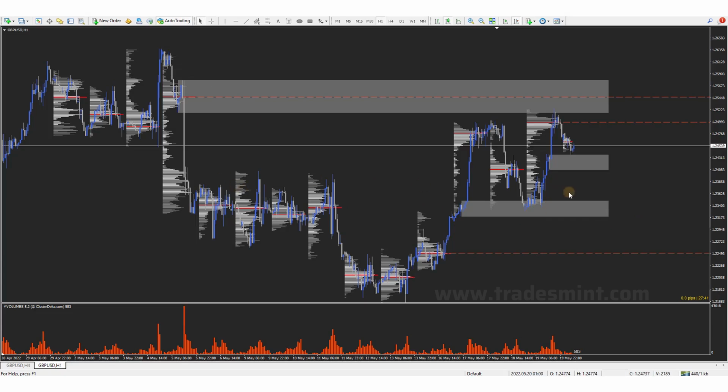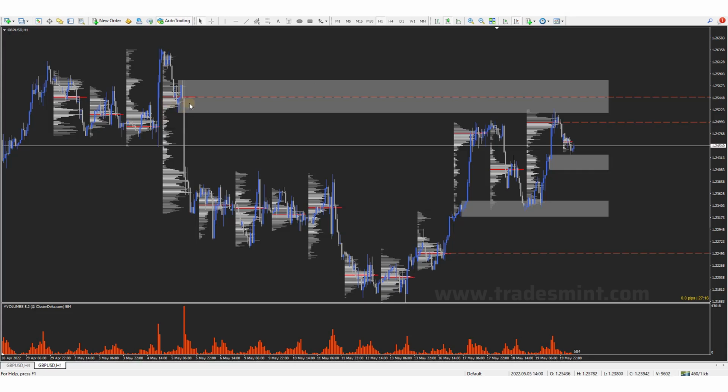Okay, so now what I would mark as well, the zones based on the volume profile tool. So here I also see that my previous supply matched perfectly with this high volume range.